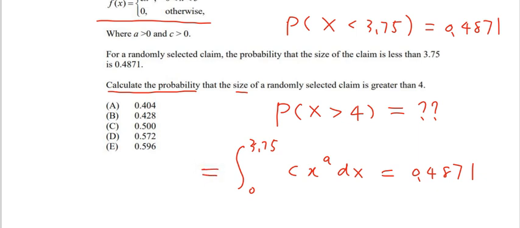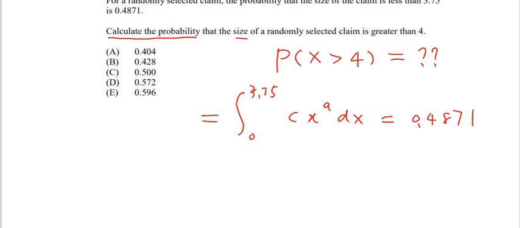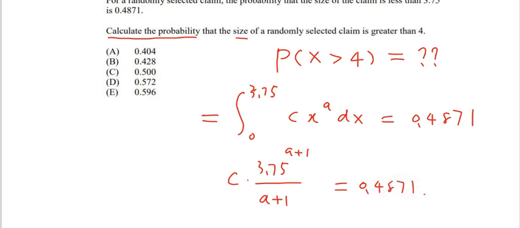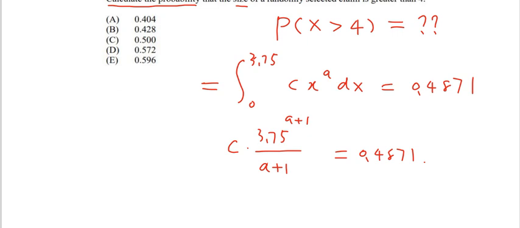This is just some math, right? We put it here. This equals C X to the A plus 1, integrated out, over A plus 1. And this number is A plus 1. So we get this equation. And what we need is to find x larger than 4.